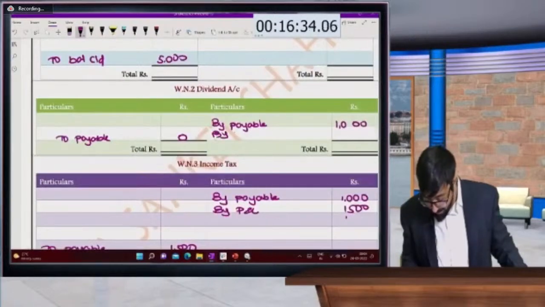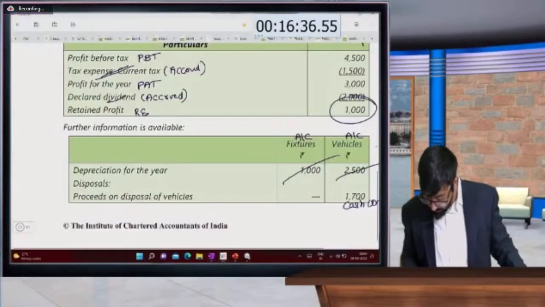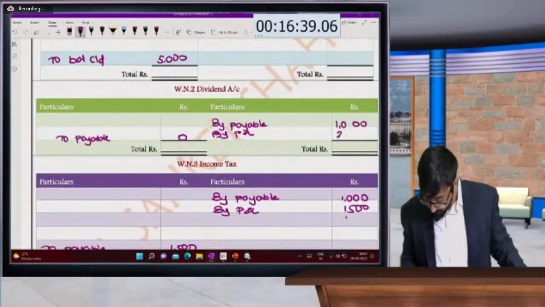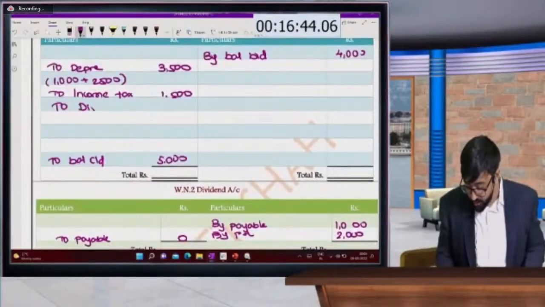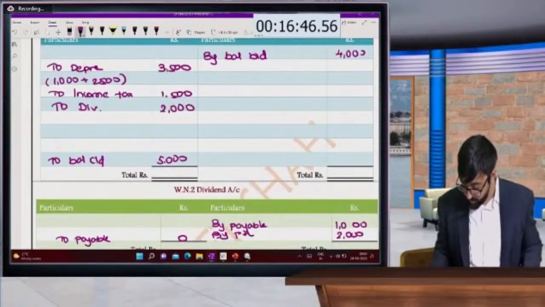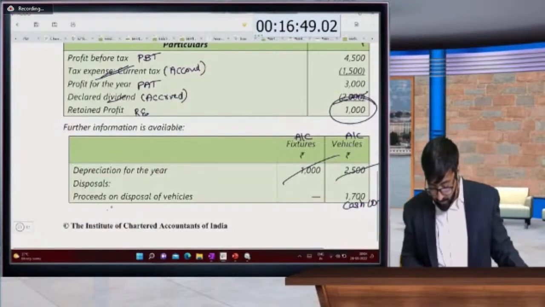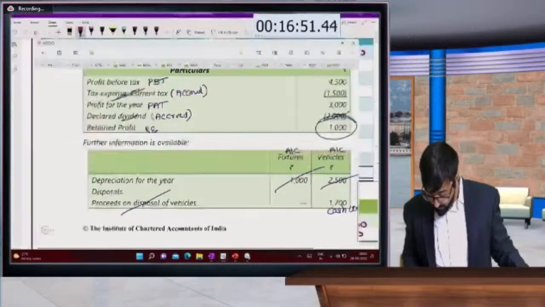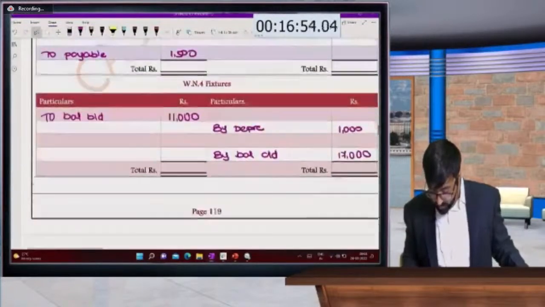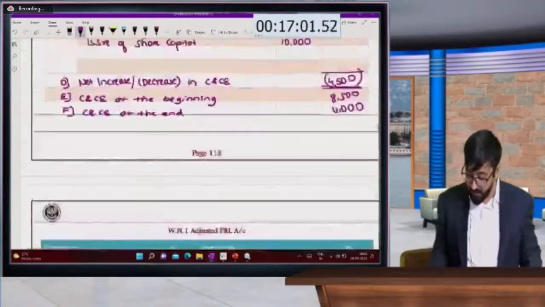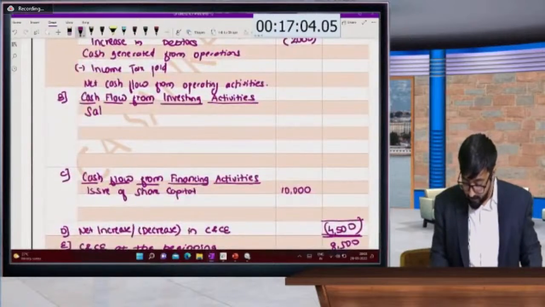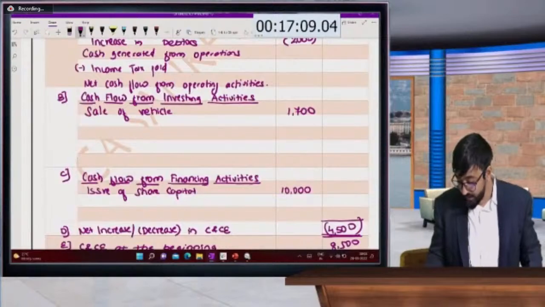Dividend also by P&L which is accrued, 2,000, and it is of financial nature, so we will cancel it, debit 2,000. Proceeds on disposal of vehicle 1,700. So vehicle account by cash 1,700 and second effect investing activity, sale of vehicle 1,700.